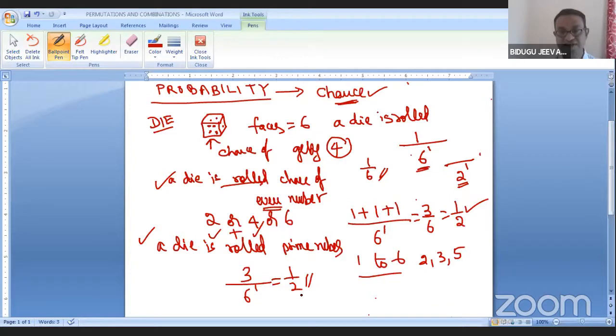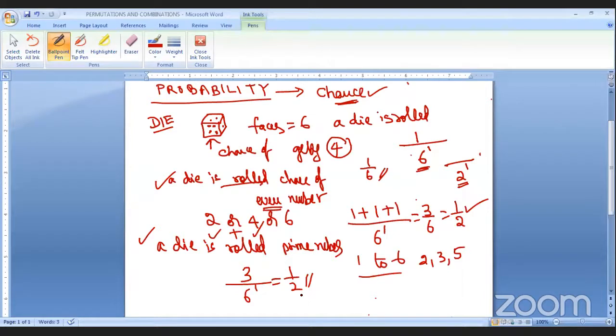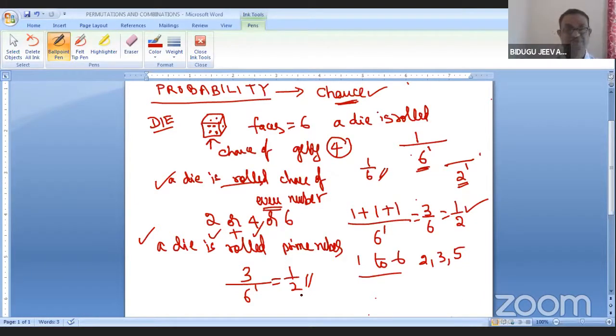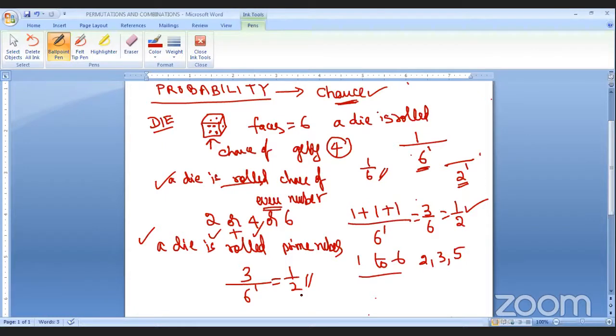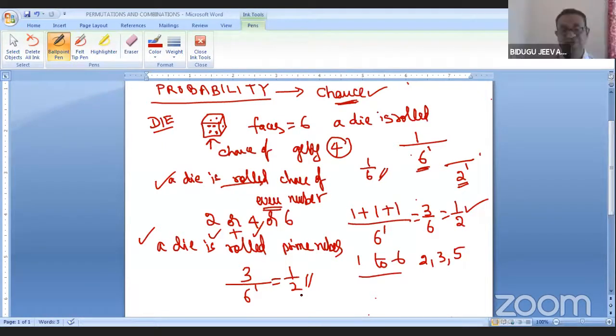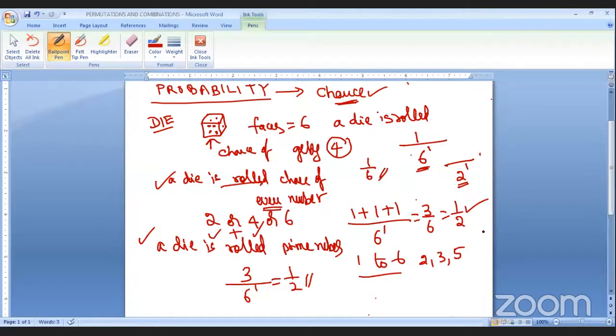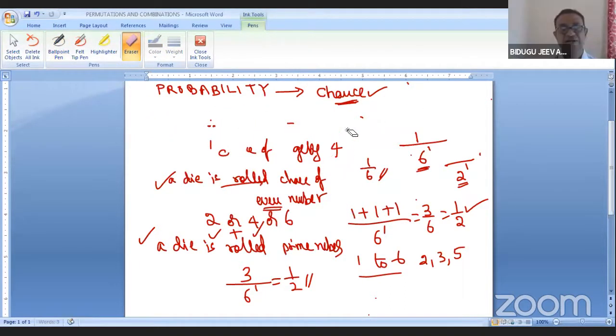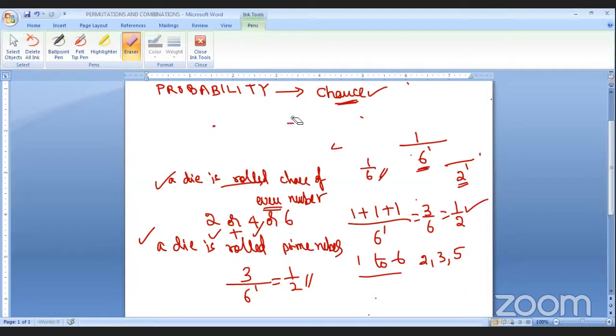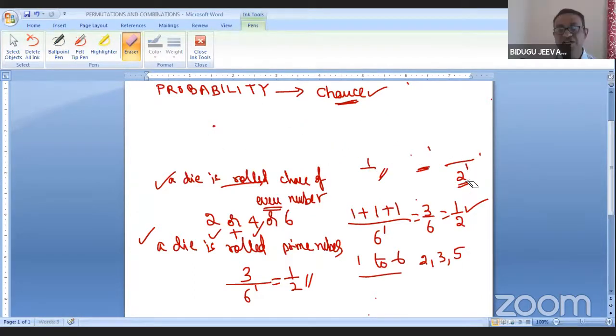I think you understood: when a coin or a die is rolled, we have taken 3 models. Following? Denominator is 6 because we find 6 possible outcomes. In the coin, 2 possible outcomes, right? So remember one point. In probability, the sum of the probabilities must be equal to 1.